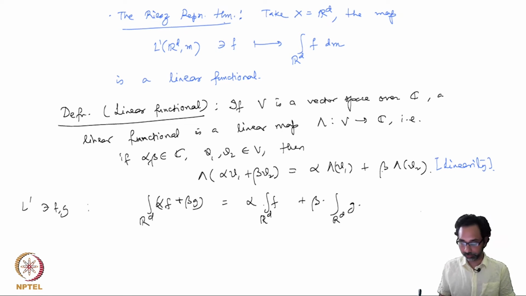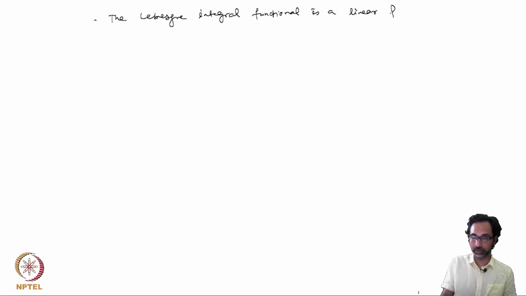So the Lebesgue integral is an example of a linear functional over L1 of R^d. Let me put this as a remark: the Lebesgue integral functional is a linear functional on L1 of R^d with the Lebesgue measure.